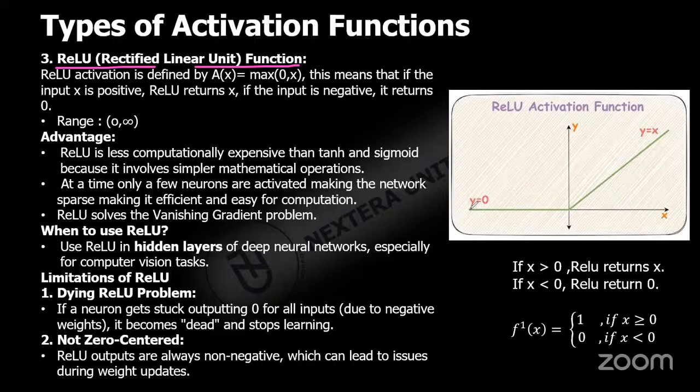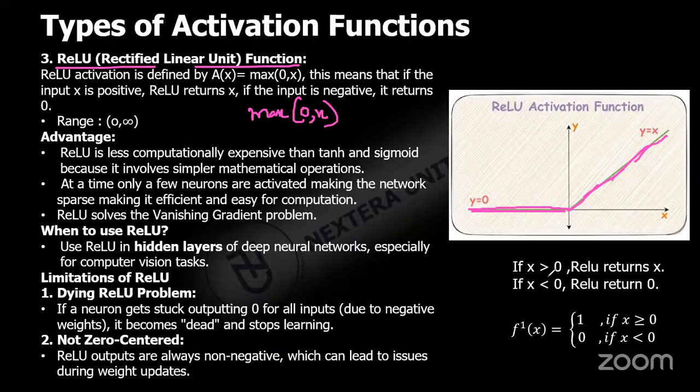If you see here, up to 0 it is a straight line on the x-axis, and then you see a diagonal line, which takes the values y equals x. The formula for ReLU is max of x comma 0.